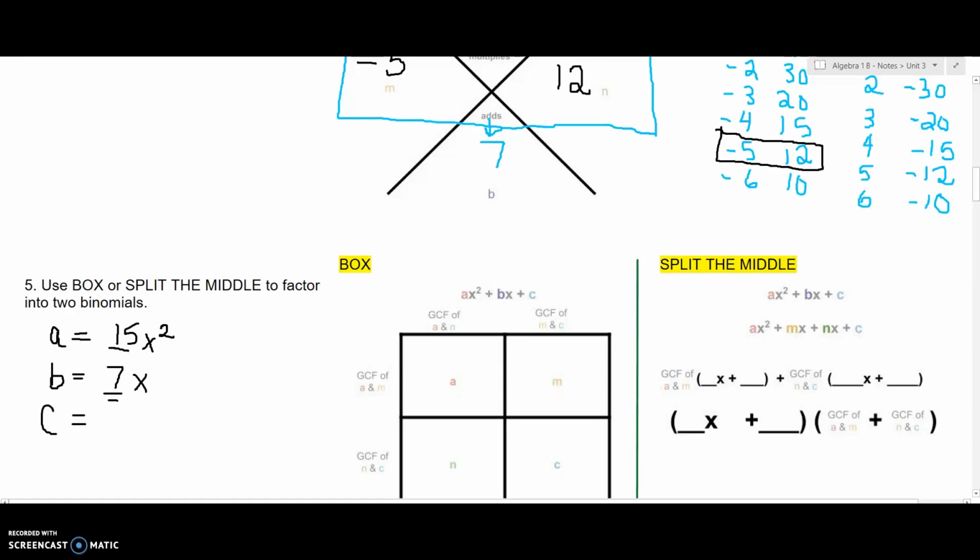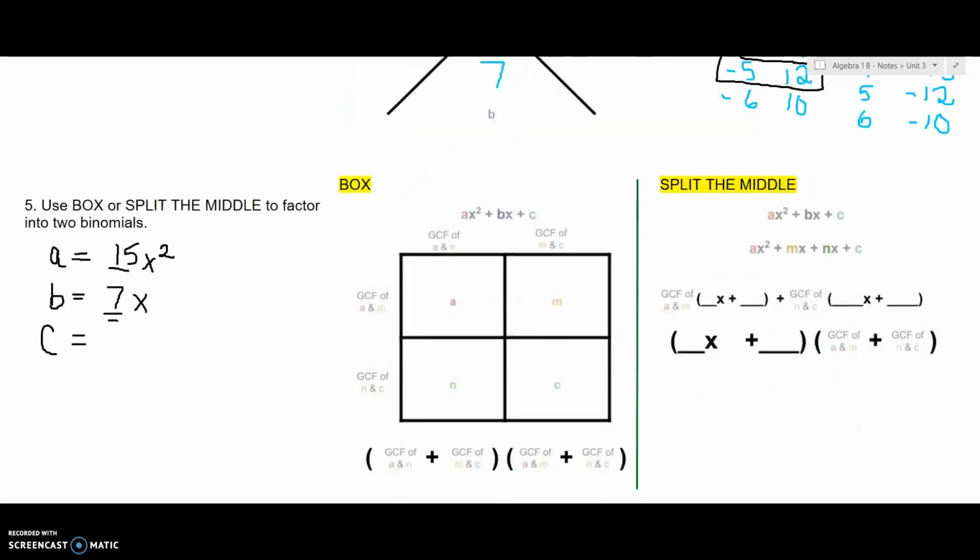My C term was negative 4. And I found that my M was negative 5 and my N was 12, because negative 5 times 12 got me negative 60. So I'm going to use the box first.